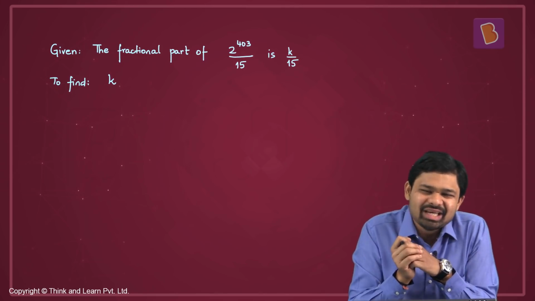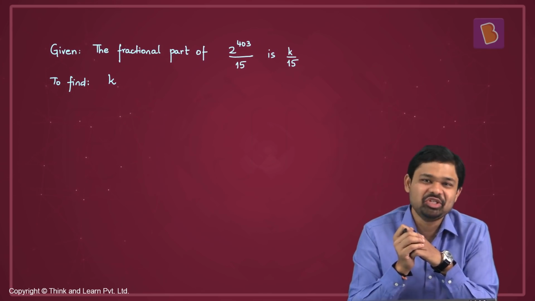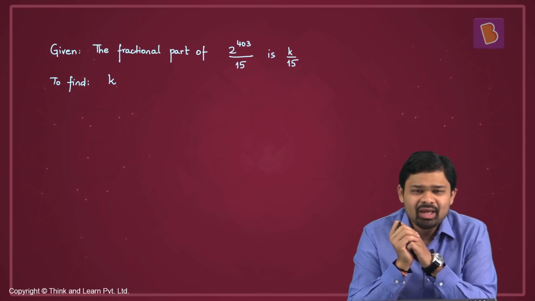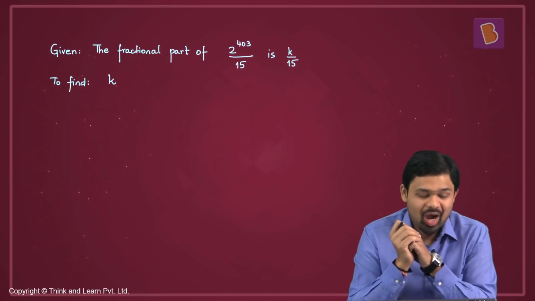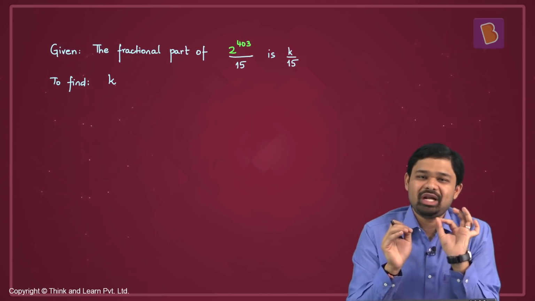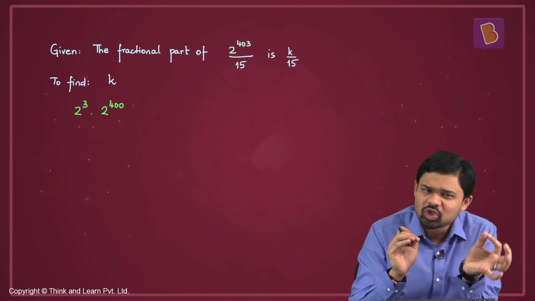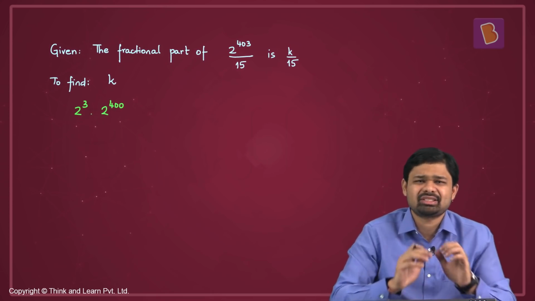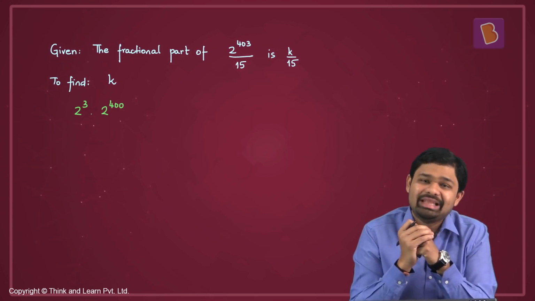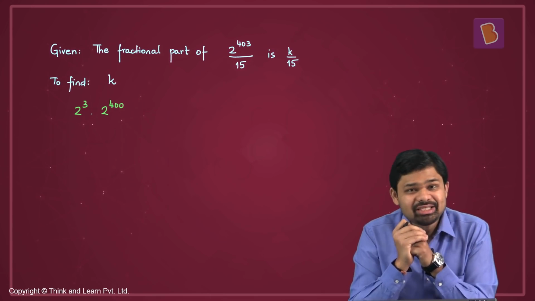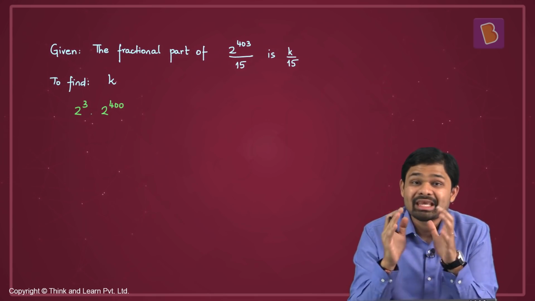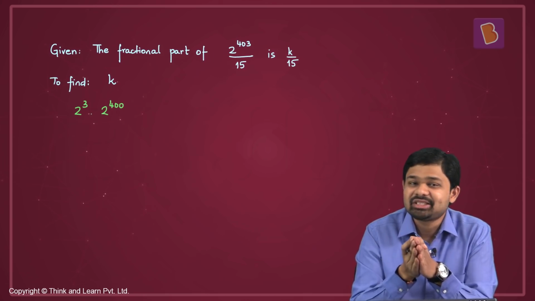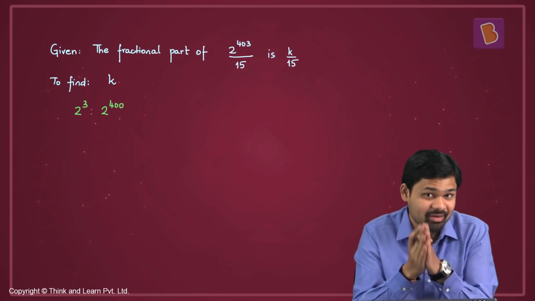Now, how is this a binomial theorem question, you ask me, right? Let me tell you how. So I am going to write 2 to the power 403 as 2 cube multiplied by 2 to the power 400. You might be again asking me, why is this man doing this? The reason is 16 can be expressed as 15 plus 1, remember.